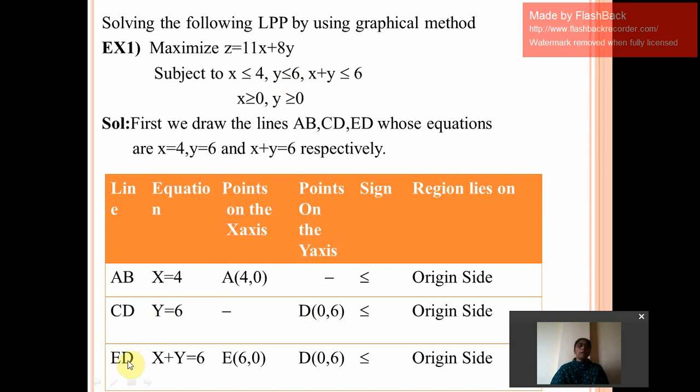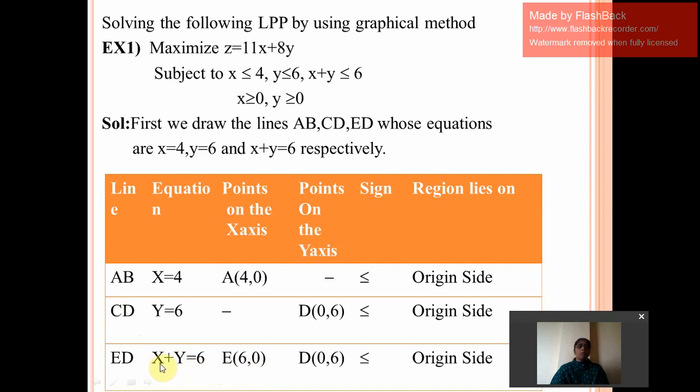Third line ED. x plus y is equal to 6. Put y is equal to 0 for the point on the x-axis, that is x is equal to 6. E coordinate 6, 0.